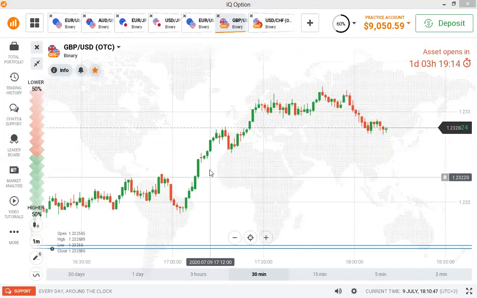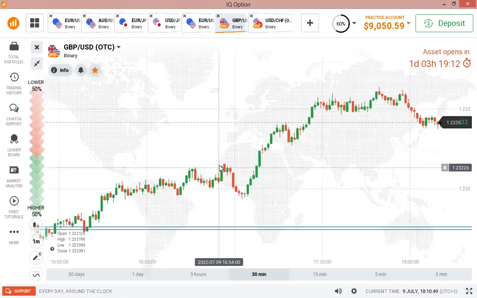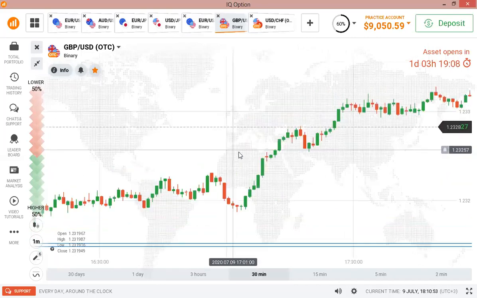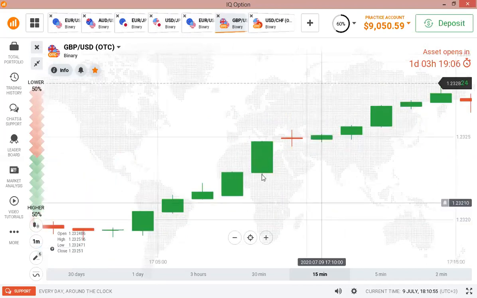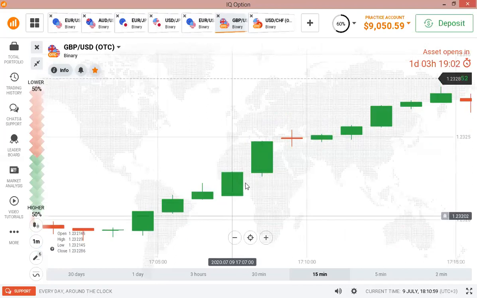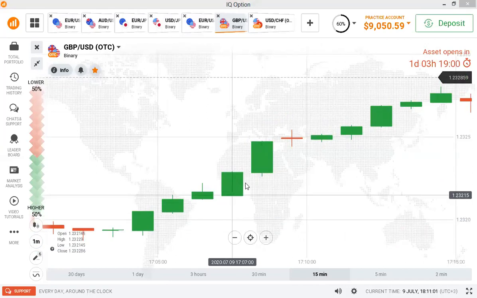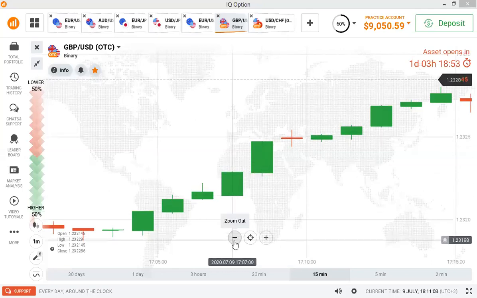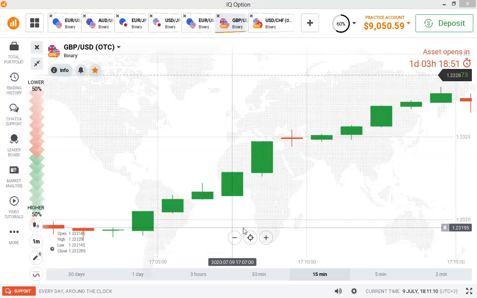Once I understand the behavior, I go back to the left side, draw my levels, then I come back to the chart again. When I come back, I focus on the candle in a close range and observe one thing about the candle: the opening price and the closing price.